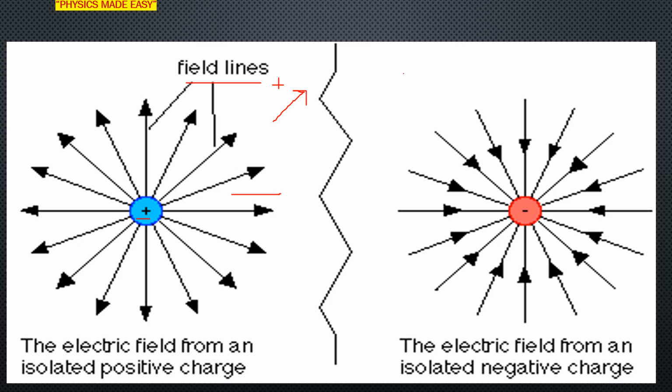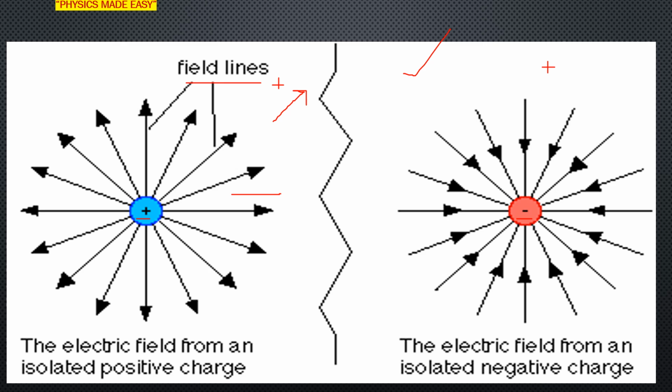Now we can see the other figure. In this figure, we take the source charge as a minus q charge, and suppose that there is the test charge, that is the plus charge, and this test charge is a unit positive charge. When this charge comes in the space around the source charge, it will experience a force and we get the electric field lines radially inward.